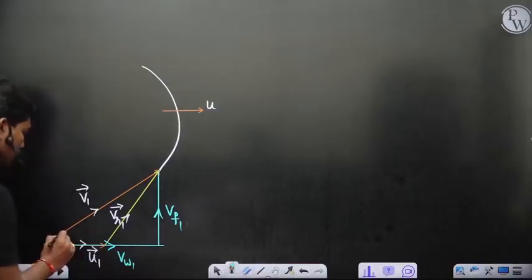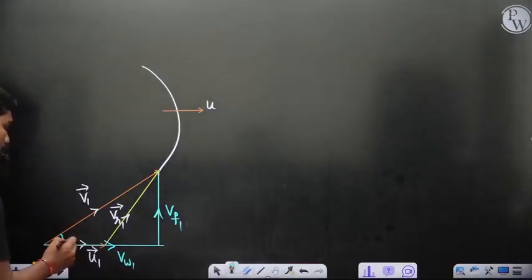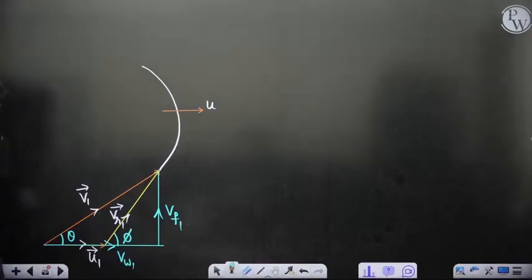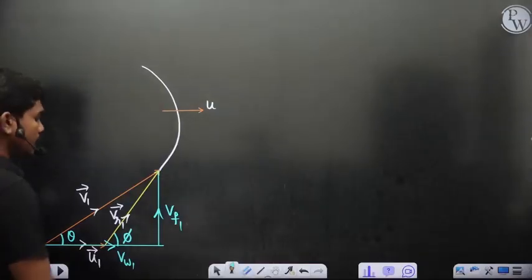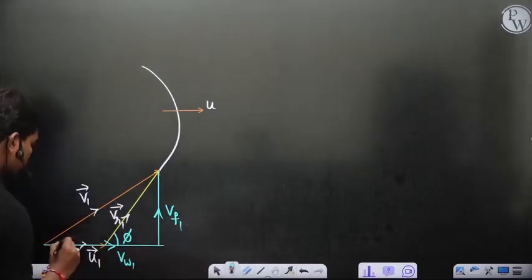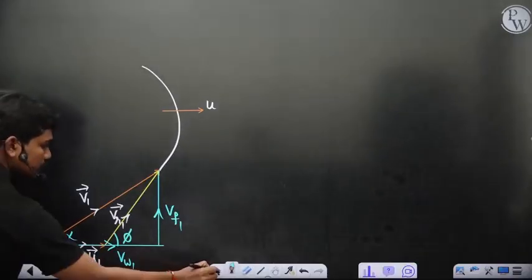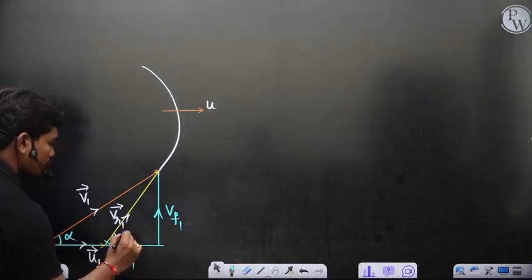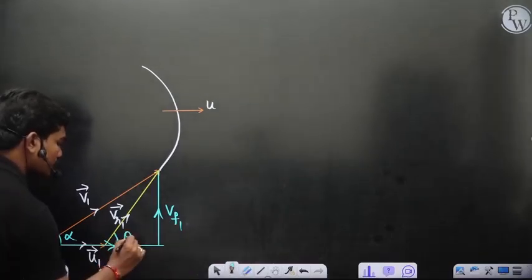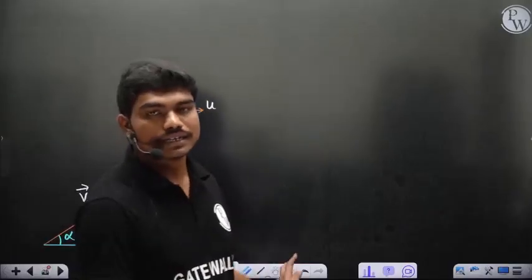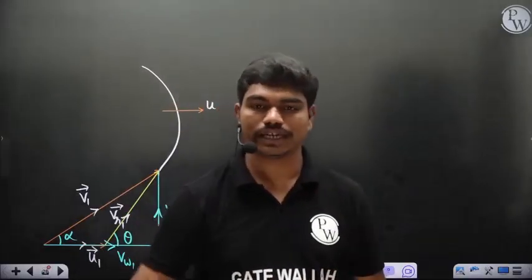Let's call these angles theta and phi, for example. Then let's call this alpha, and this is theta. It's just for some trigonometry. So alpha is the absolute angle of the fluid at inlet and theta is the angle of the relative velocity.